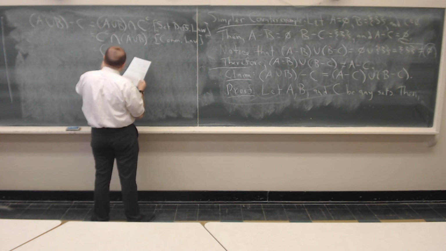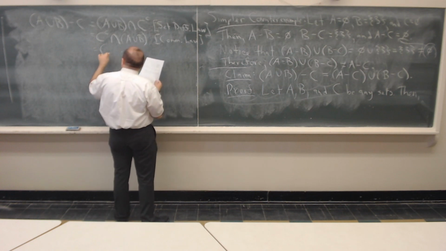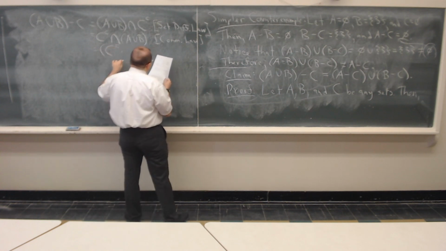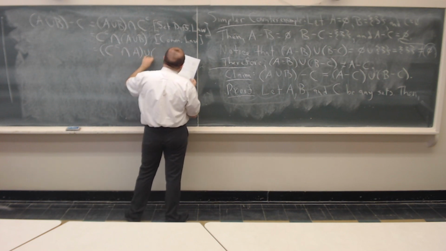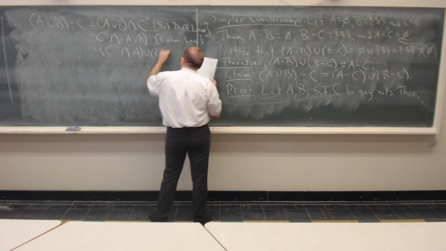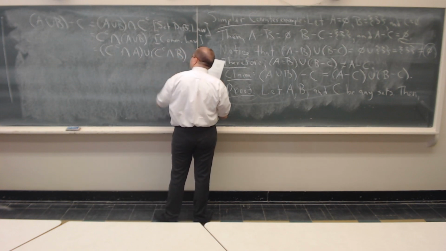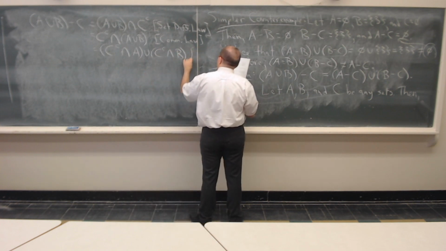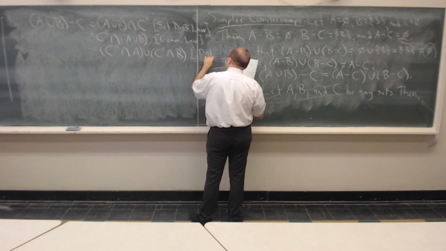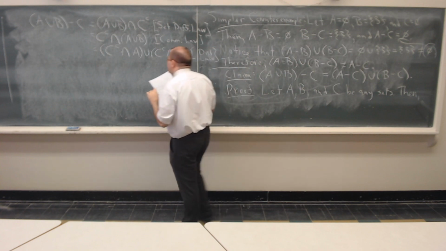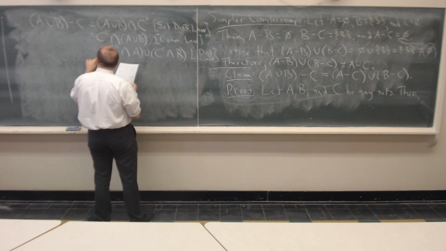Remember, we proved that one in our last session. C complement intersect A union C complement intersect B. So this is just the distributive law.